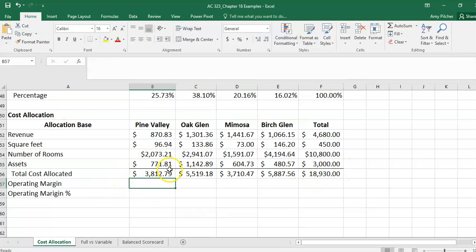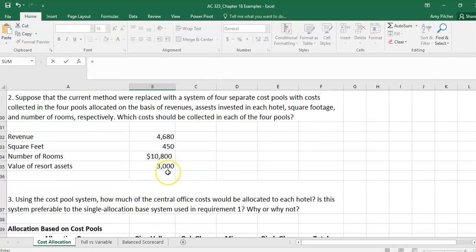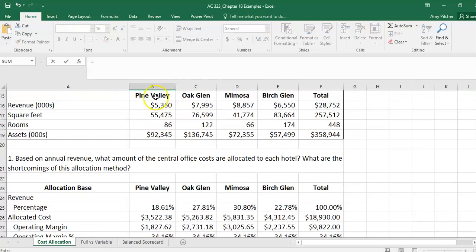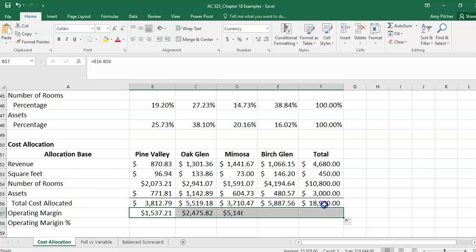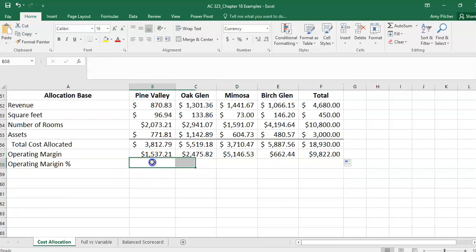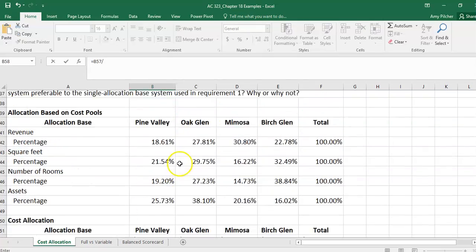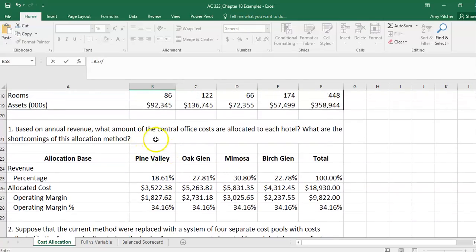We calculate the operating margin by taking revenues minus our allocated costs, and then we calculate our operating margin percent by taking that operating margin divided by revenues.